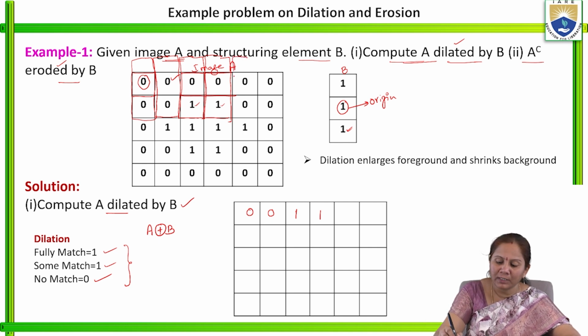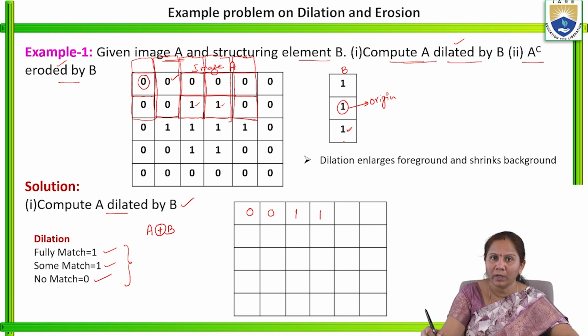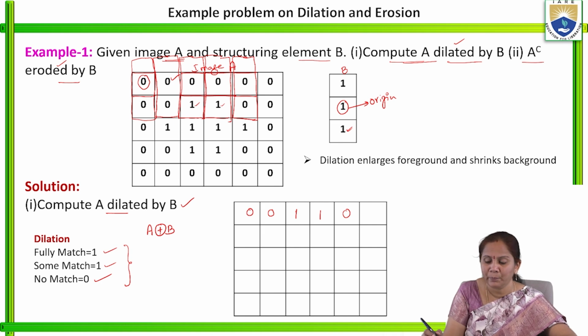Now if we shift this structuring element here, the elements are 1, 1, 1. Here there is nothing, no element is here, 0, 0. So not even one element is matched, so we have to consider this output pixel value as 0.